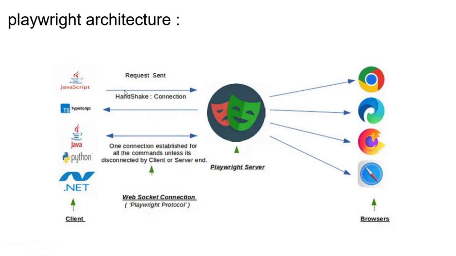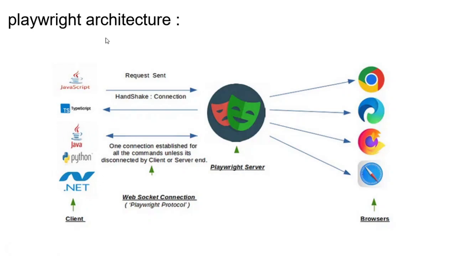Client is mainly the brain of your test. Whatever test we write depends on the client, because it controls browser actions like clicking buttons, navigating pages, and validating results, etc.